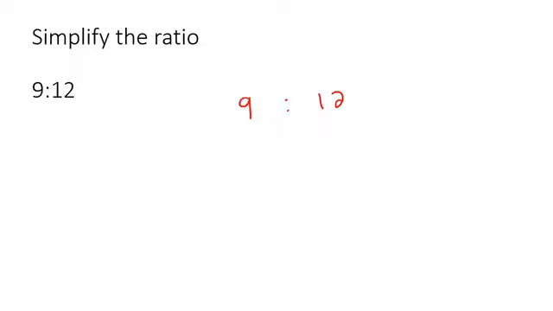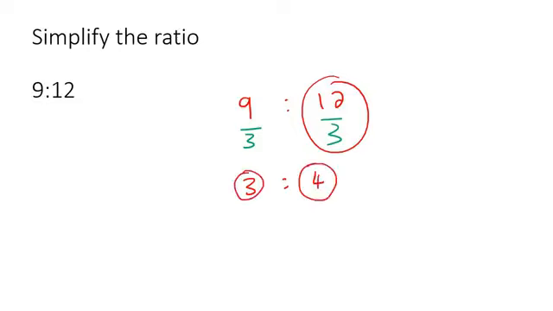So you're not going to use the number 2 because the number 2 cannot go into 9, okay? But what about the number 3? So the number 3 can go into both. So then that'll become a 3, and that'll become a 4. Now, what number can go into both of these? Well, there's no number that can go into both of those, unless you use the number 1, but that's not going to change anything. So this would be the most simplified answer.